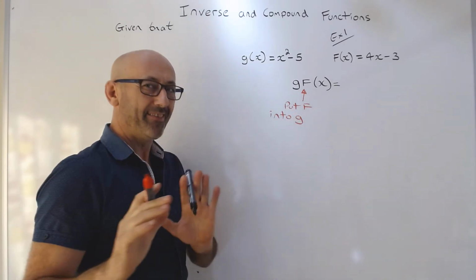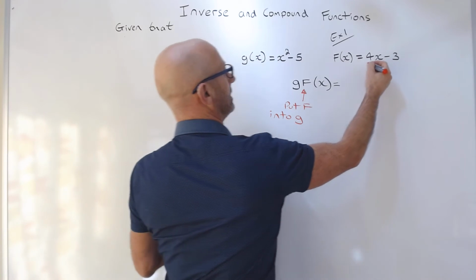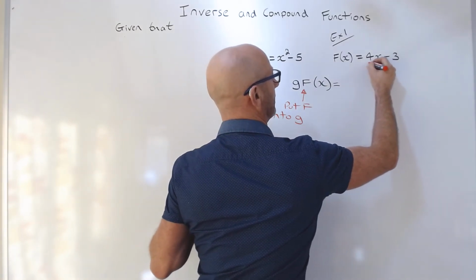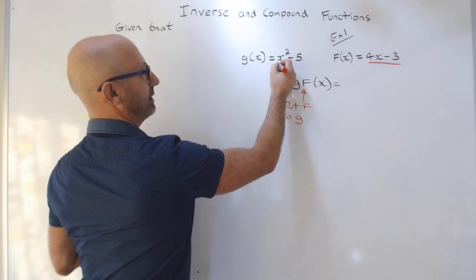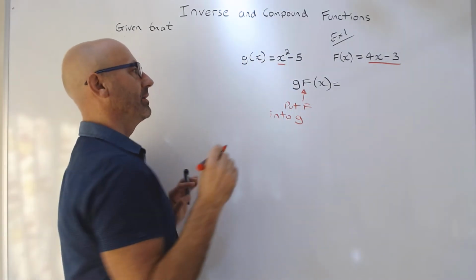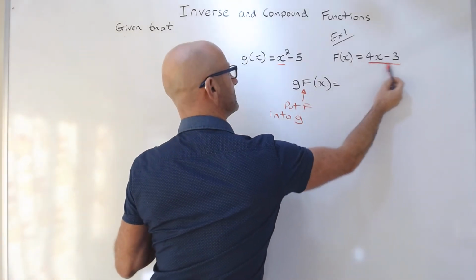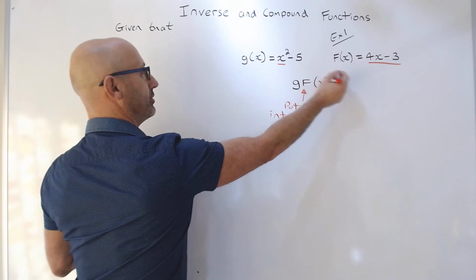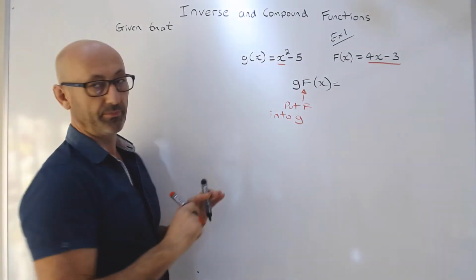So again, that could sound confusing, but basically that needs to replace that, okay? So you put whatever the whole of f(x) is, you stick that where the x is, okay?